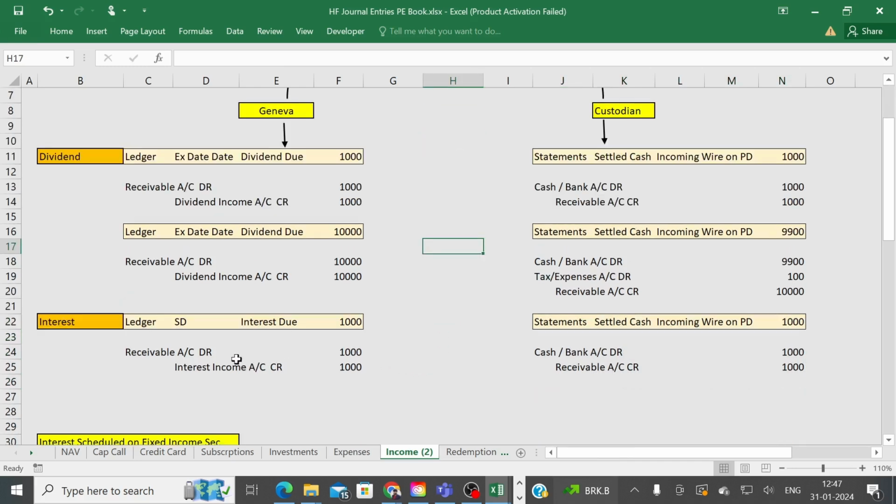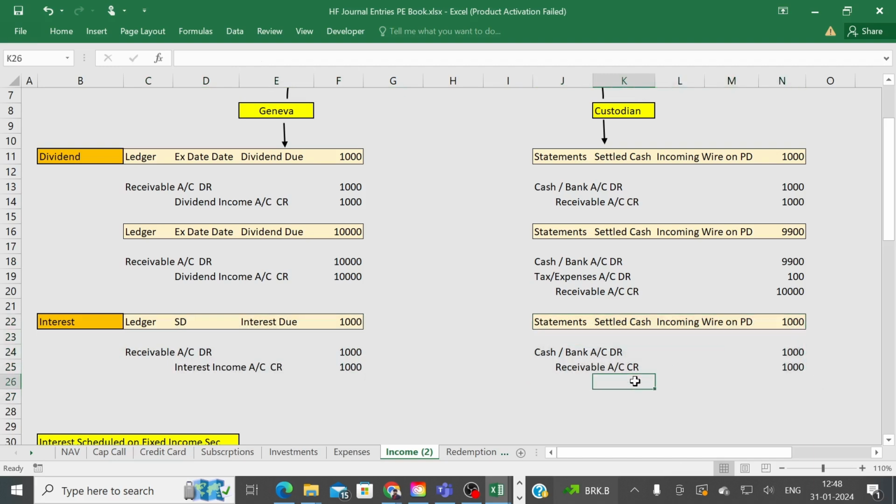And what about interest payment? In the case of interest payment, we start recording or accruing interest from the settlement of the fixed income securities. Once that settlement has passed, you can start accruing interest. You can also check the interest on Bloomberg or any other sites if you have access, and record it in the books of account. You record the entry as receivable account debit to interest income account credit.